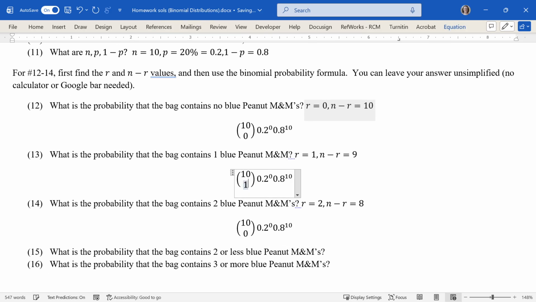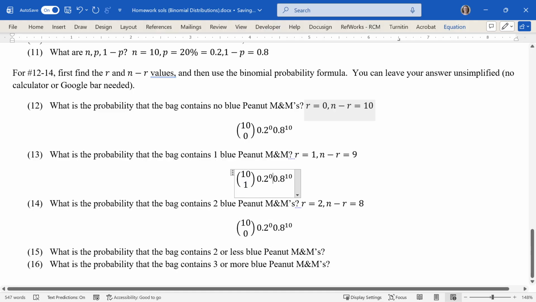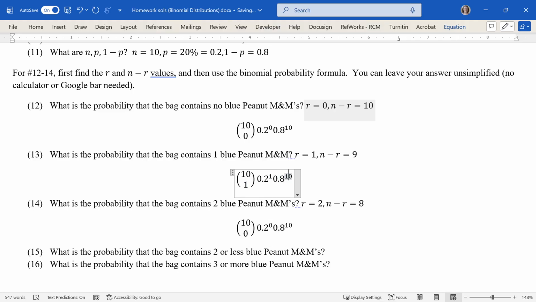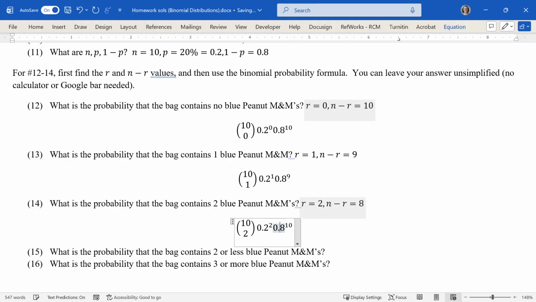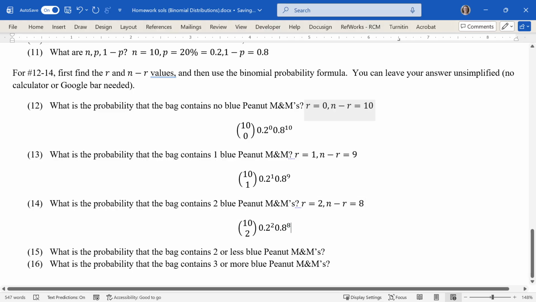So this is going to be 10 choose 1, 1 success and 9 failures. And then down here, 10 choose 2, 2 successes and 8 failures. Okay, and we're not plugging these ones in, thankfully.